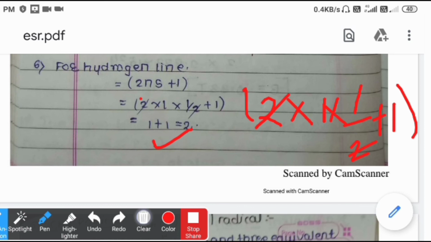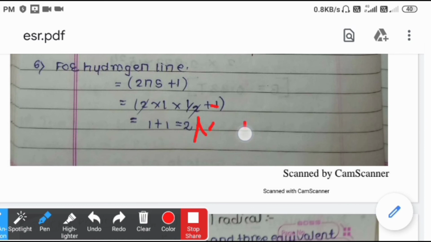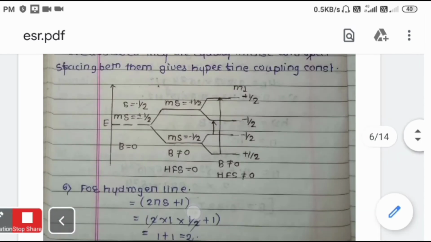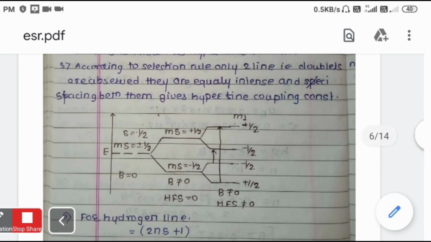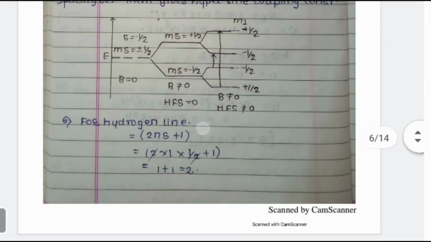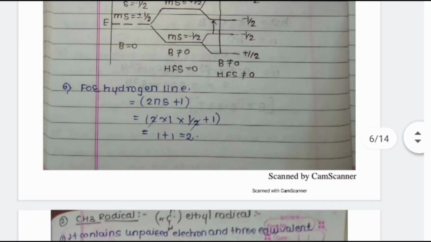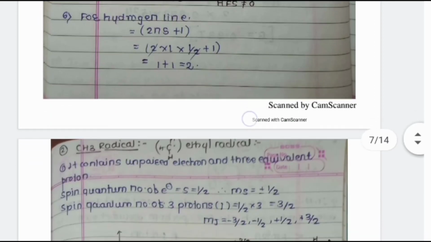So there are two lines in the ESR spectrum. We can explain based upon this how many lines there are in the ESR spectrum. There is also another method to directly calculate how many lines there are in the ESR spectrum. Next we will see the methyl radical.